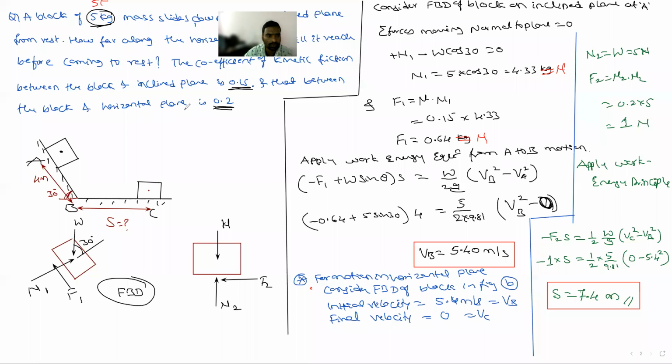Roll number 9 present. Roll number 11. 13. 15. 16. 18. 19. 20. 24. 29. 34. 38. Who is 38?